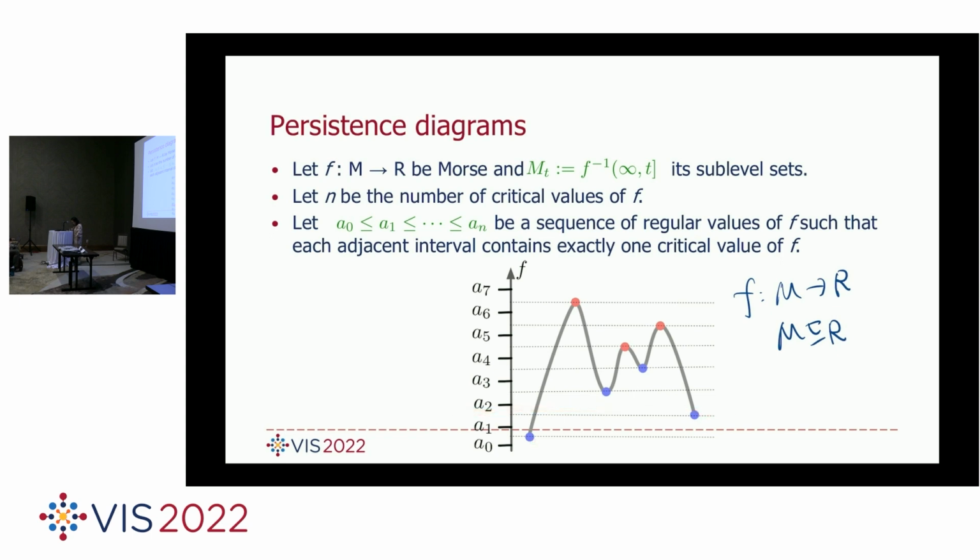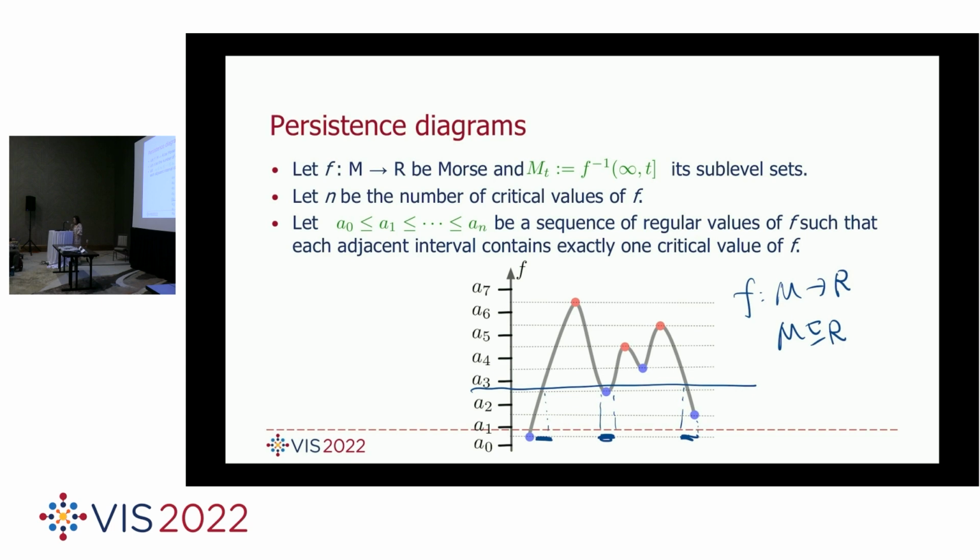So if I choose a particular threshold right here, then the piece of the manifold that is under this value corresponds to those blue areas, okay?